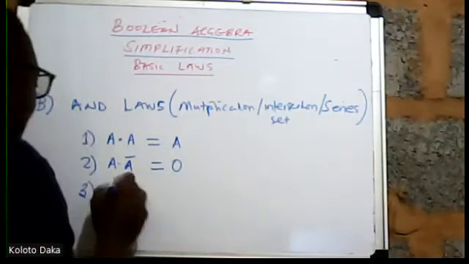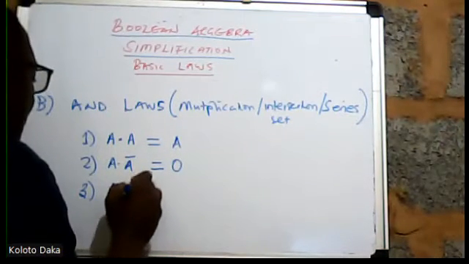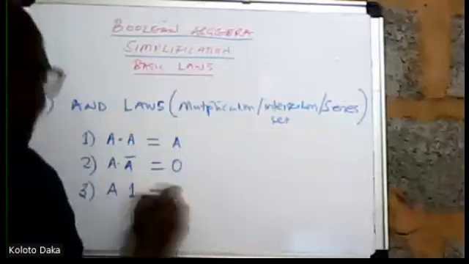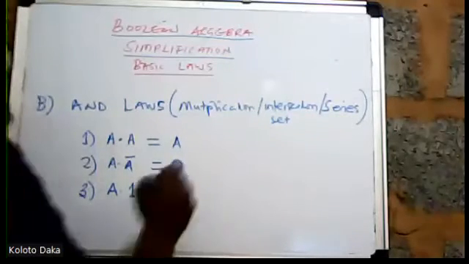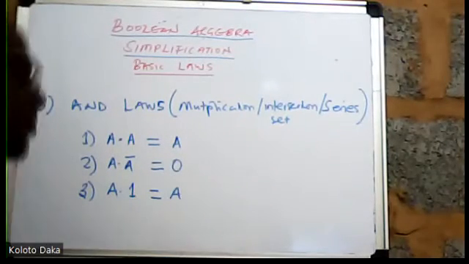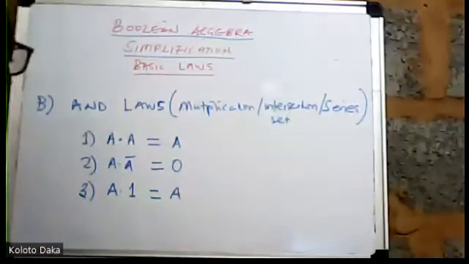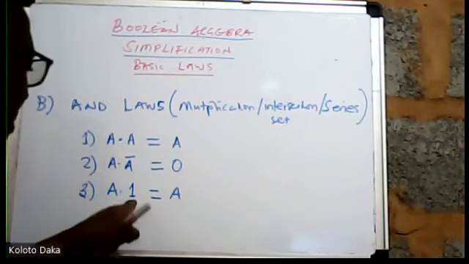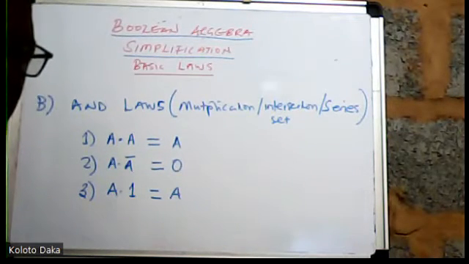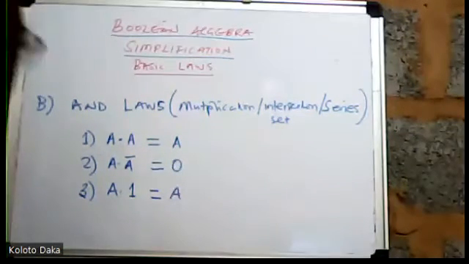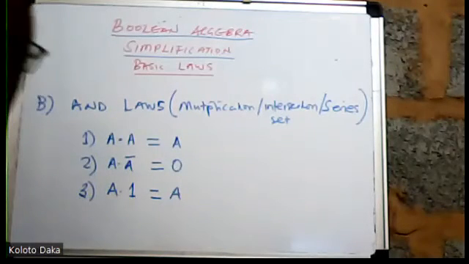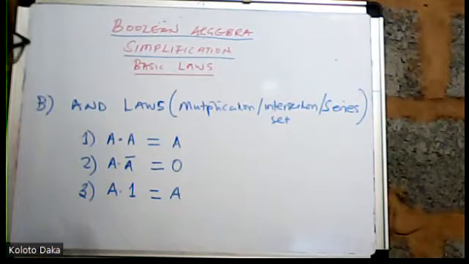What about A multiplied by 1? The answer will be A, because it will depend on the second status. In the previous section, what was number 4?